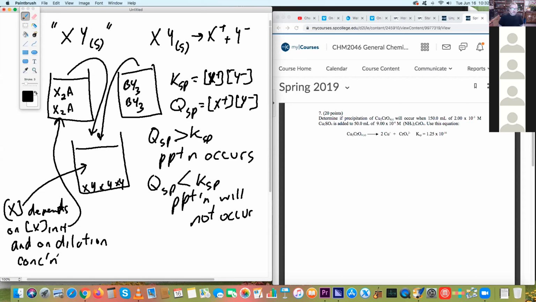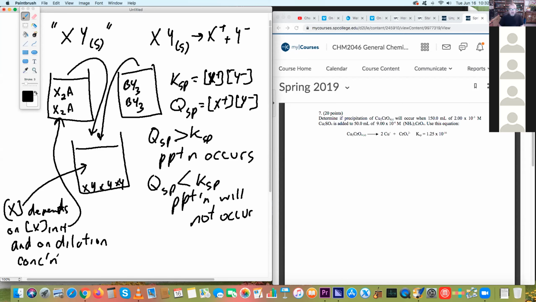See, if you've got this solution of X2A and BY3 and you add them together, you end up with a volume that's greater than what either of those two had at the beginning, which means that they both get diluted as well. But first of all, we need to figure out the concentration of X in the initial solution.